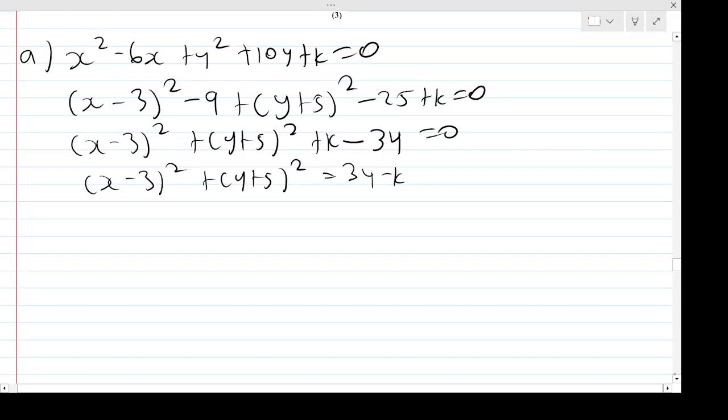Anyway, there we are. It's in the equation now: x and y all squared is equal to r squared. Therefore, I can deduce the centre: if x is minus 3, it's going to be plus 3. Then y is plus 5, it'd be minus 5. Okay, that's cool.